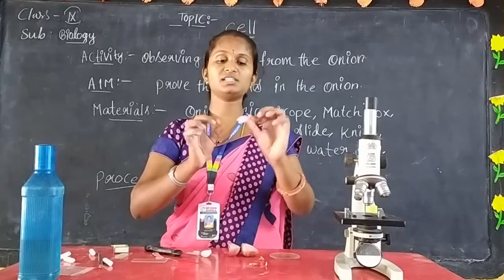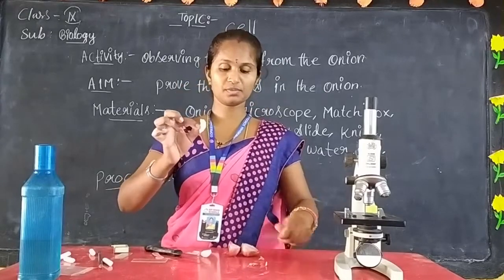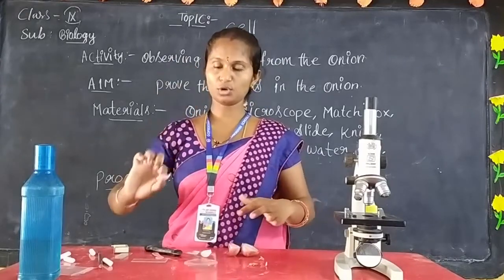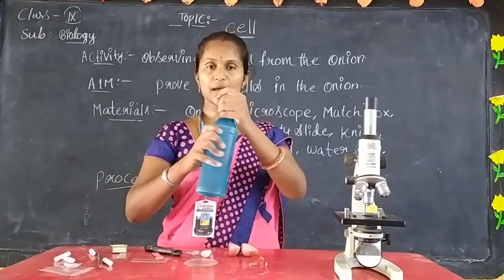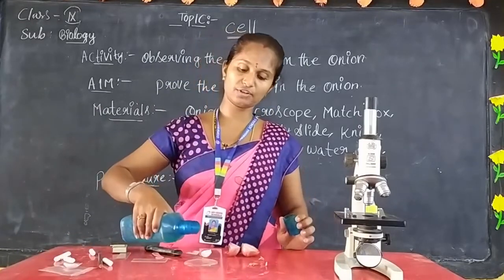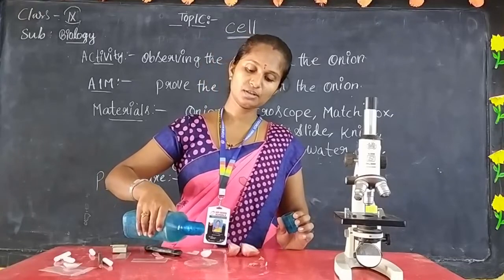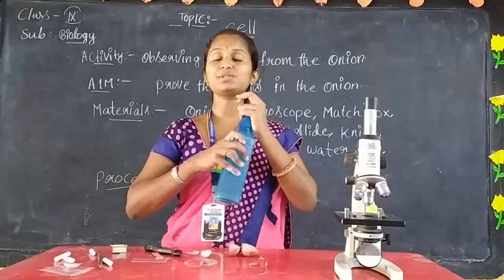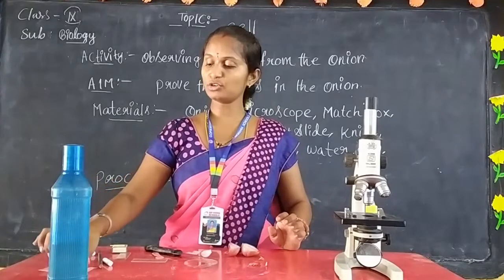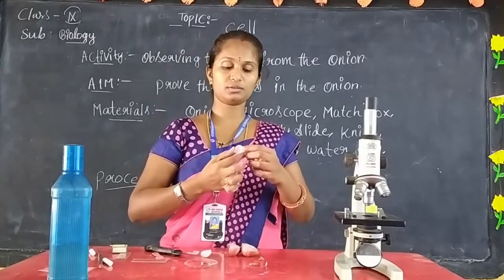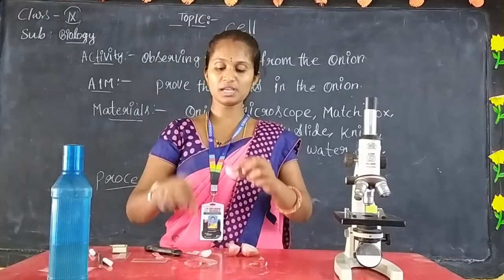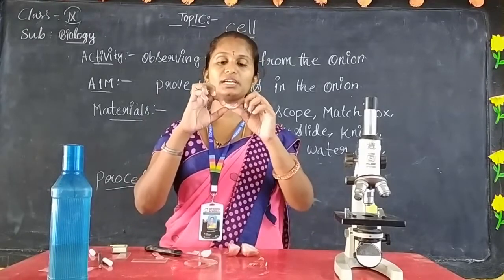This is the inside clove. Don't keep it anywhere, the dust will be absorbed. And now I am going to pour some water in the watch glass. Why? Because to observe the cells clearly, when you remove the onion clove, it will dry in the room temperature. That's why I keep this clove in water.